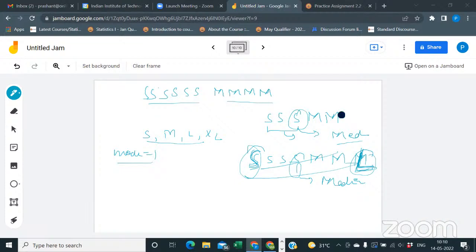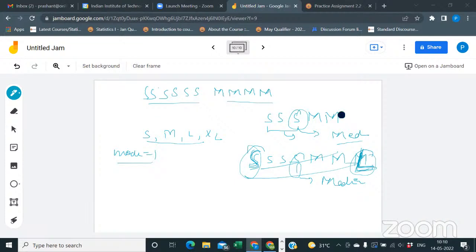So if a jersey is added before this and a jersey is added after this, then the median will not change, right? But if the last two jerseys were added only on the right side or only on the left side, then the median will change, right?